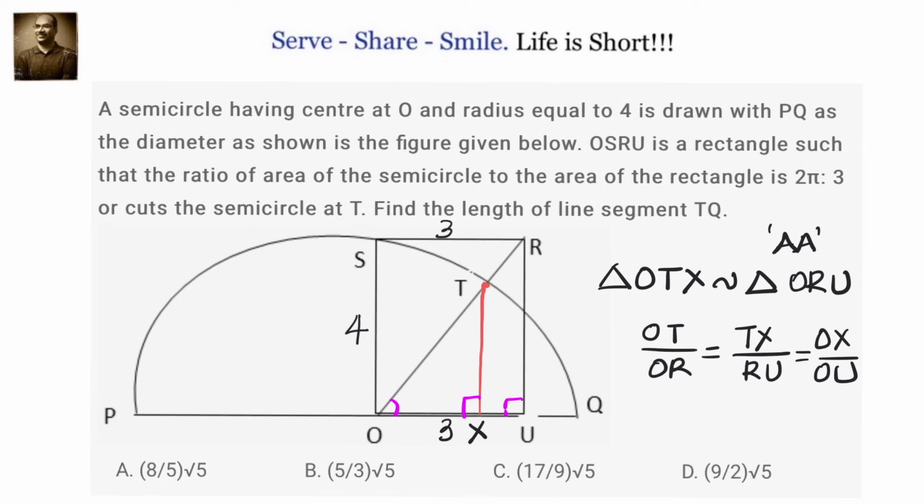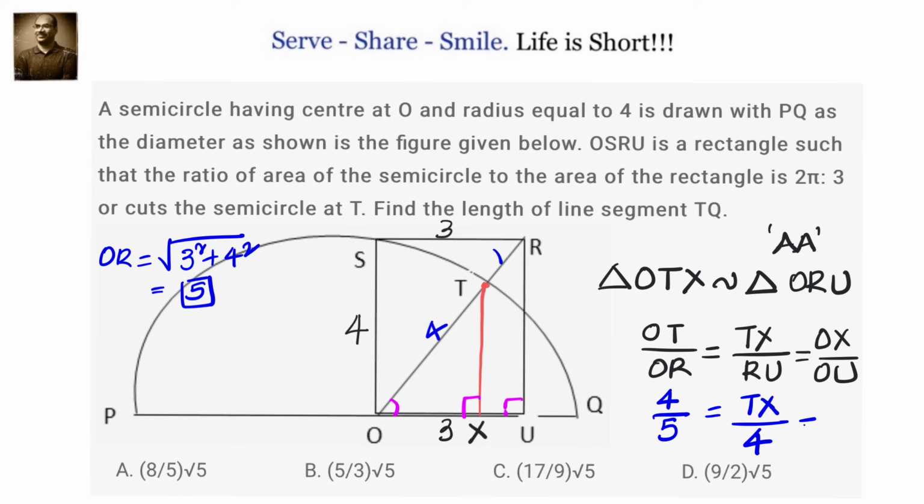So first let's write down the similar triangles. Since OTX is similar to ORU by AA similarity criteria, corresponding sides give OT by OR equals TX by RU equals OX by OU. OR is the diagonal of the rectangle, that is 5. So OT 4 divided by OR 5 equals TX, which we don't know, over RU, which is 4 units, equals OX, which we don't know, over OU, which is 3 units.